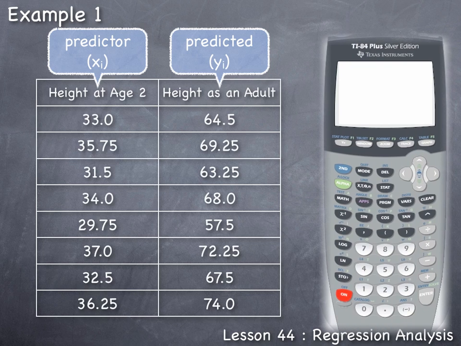This could be done on the TI-84 calculator by pressing Stat, Enter, to get to the list editor. Then we arrow up to the list name and press Clear, Enter, to clear out the old list to make room for the new data.